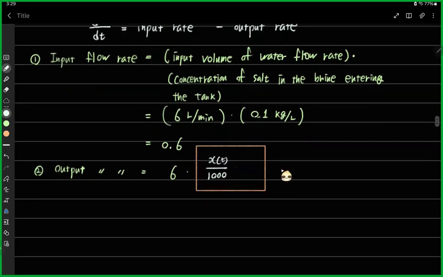So that's going to be 3 over 500 times x of t.